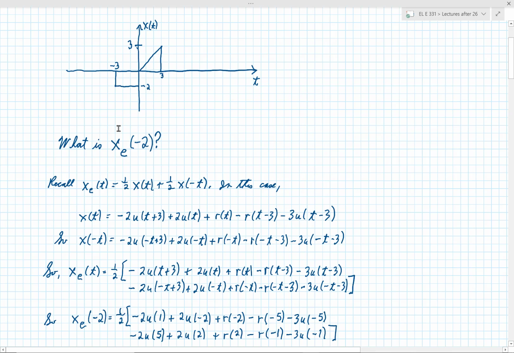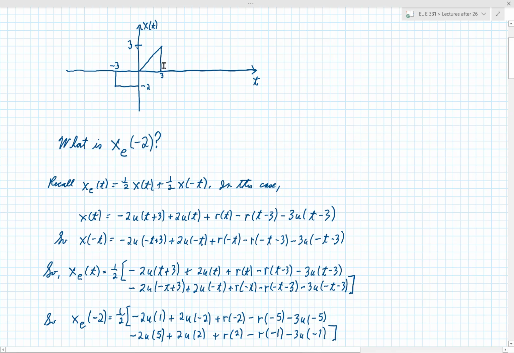Then at 0, it jumps back up, so that's why we have +2u of t. And then after jumping up, it starts to ramp up with a slope of 1. We can see it's a slope of 1 because it goes up 3 in a horizontal distance of 3. So that's +1 r of t.